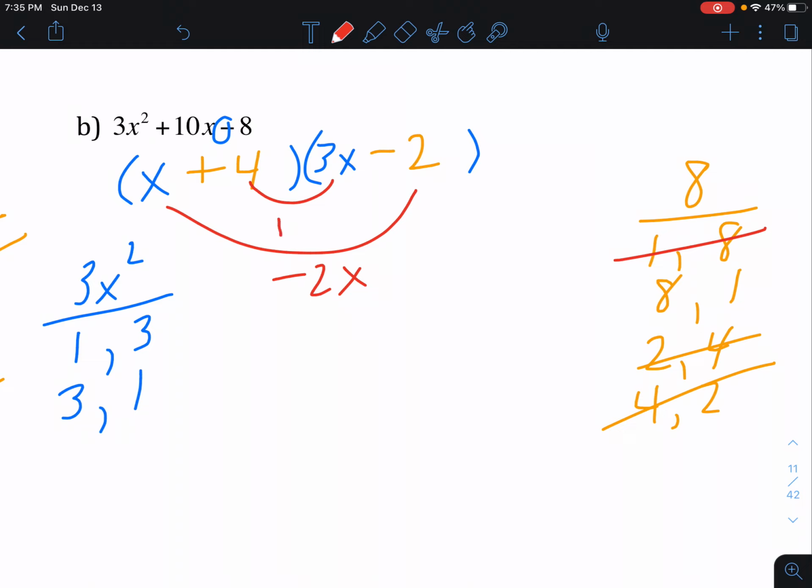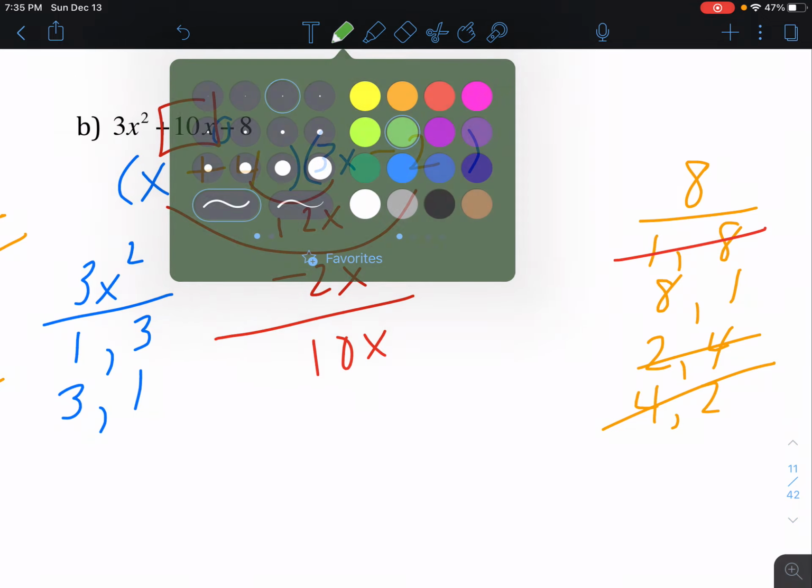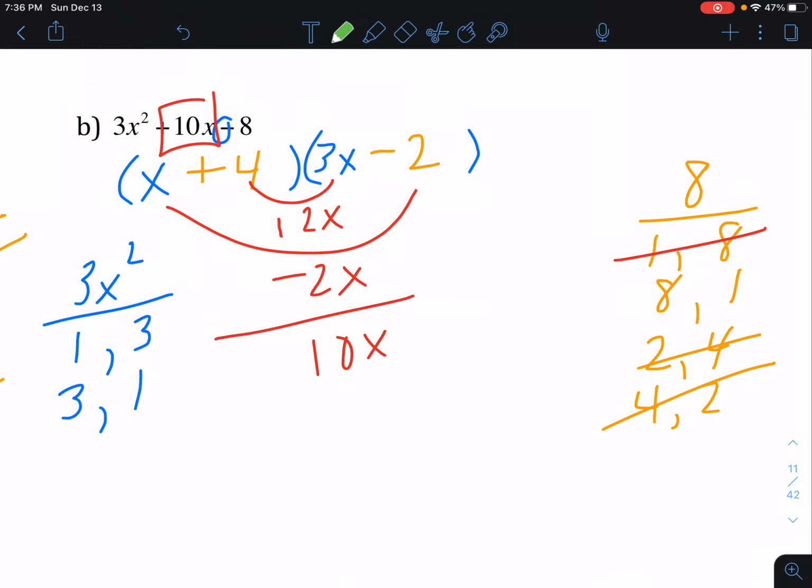Multiply the insides. That's 12x. 12x and negative 2x is 10x. Ding, ding, ding. I got my B, 10x. So I have my answer now after, what is it, 3, 4, 5 guesses. As I said, sometimes that happens. My answer is x plus 4 and 3x plus 2.